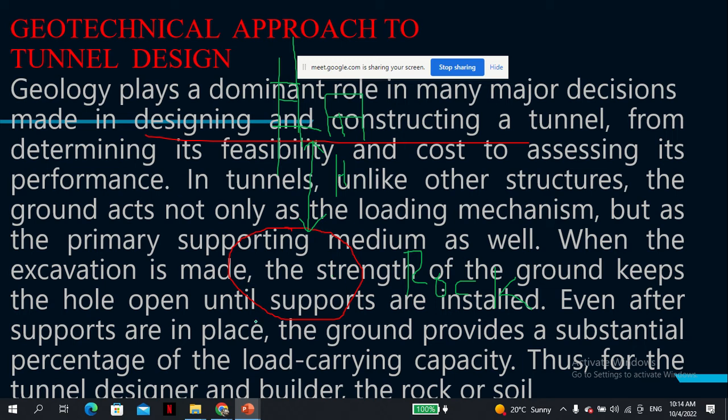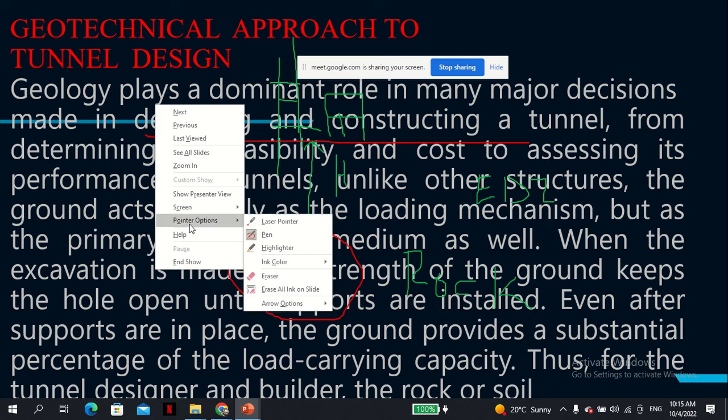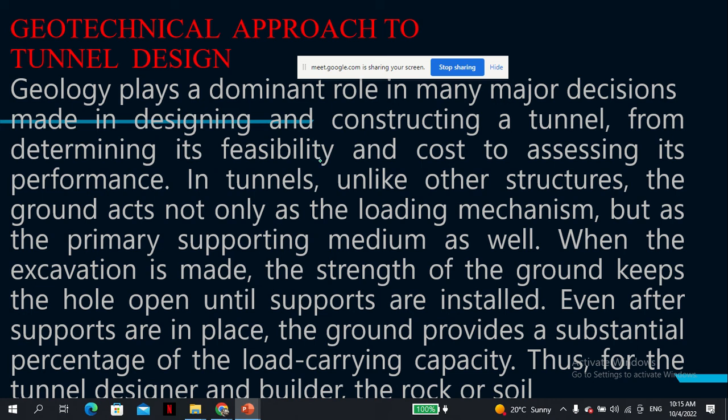So in tunnels we usually have something we call the EDZ, the excavation damage zone. So there are some solutions. I think that's beyond the scope of this class, but I will try my best to explain.